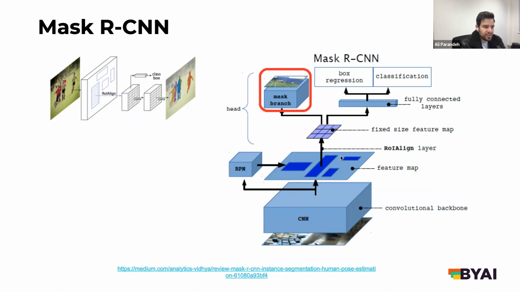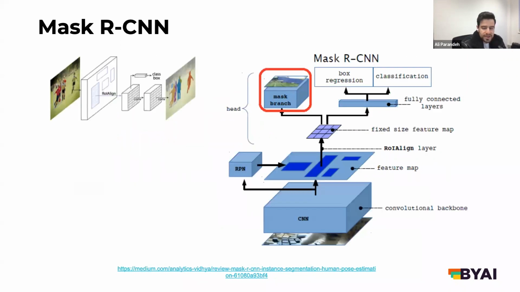A bunch of regions are proposed or extracted from the feature map, and then these are passed through the ROI Align layer. So you get a very fine-grained pooled feature map. Then a fixed-size feature map is connected to a head through fully connected layers that go through box regression and classification, and another branch goes through the mask branch, which applies the mask that you can see on the left-hand side.